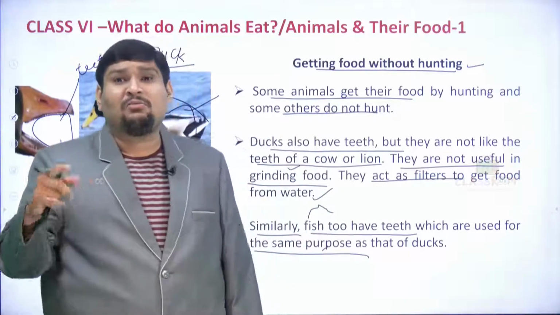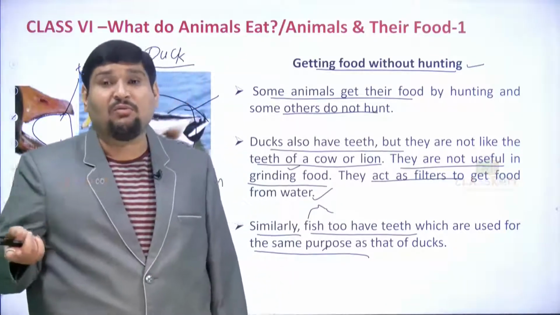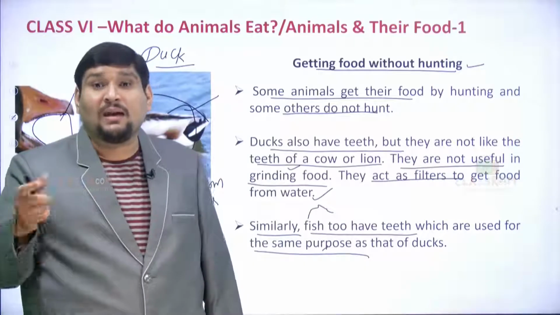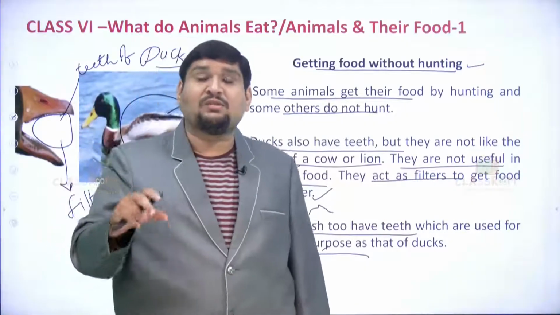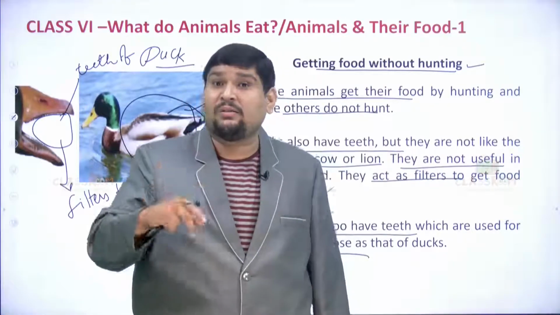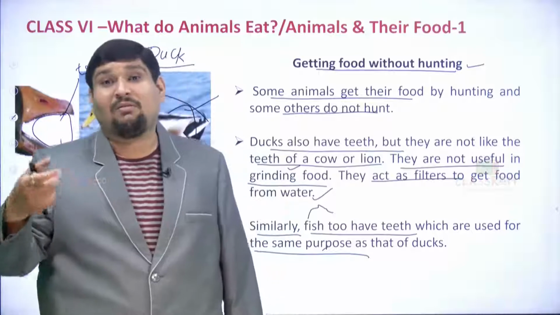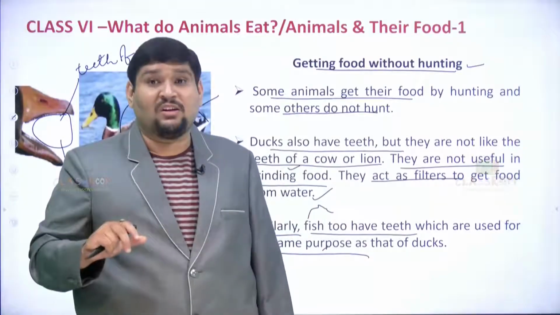That is the reason lions and tigers generally stay where they can find food, mostly in jungles. The animals which depend on other animals for food search for it and stay in jungles.